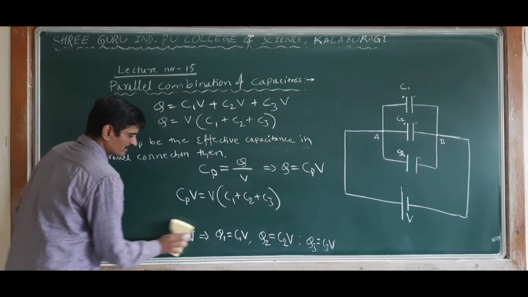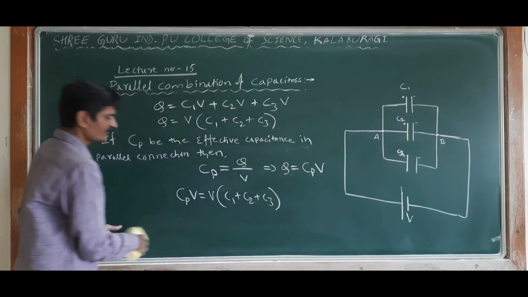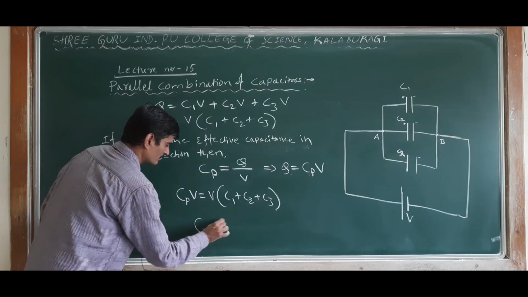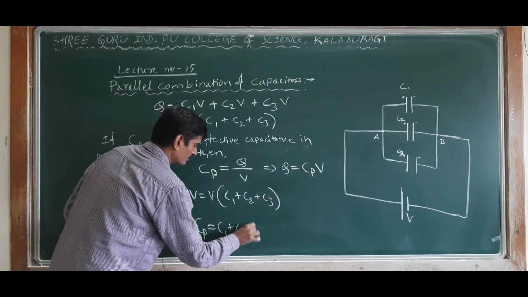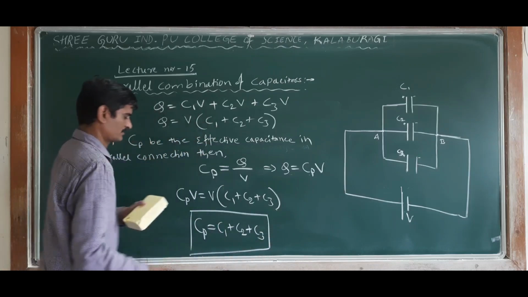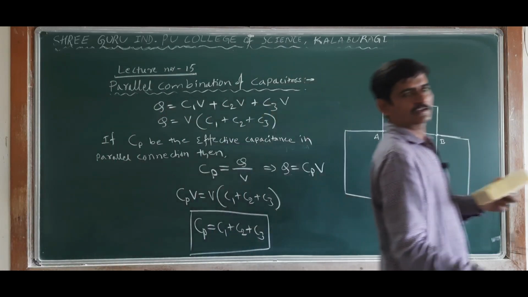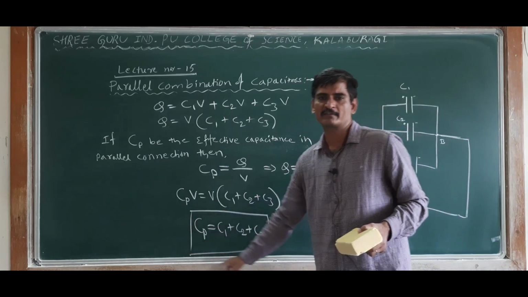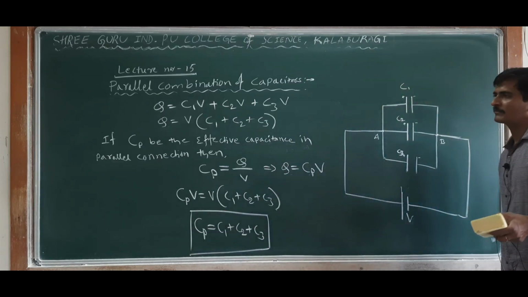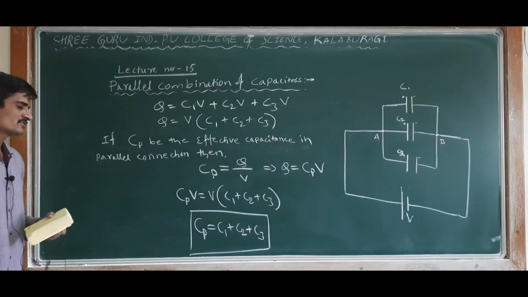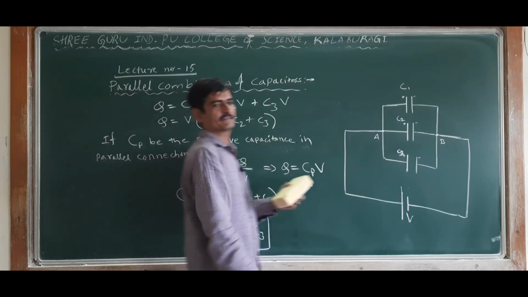Now V gets cancelled. So CP is equal to C1 plus C2 plus C3. This is the effective capacitance of the parallel combination. When the capacitors are connected in parallel, then CP is equal to C1 plus C2 plus C3.